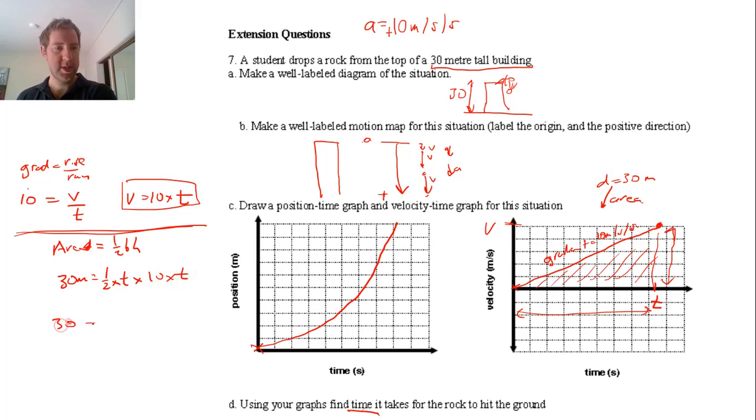So I've got 30 equals a half times 10 times t squared. 30 equals 5 times t squared. Divide both sides by 5. I get 6 equals t squared. And square root, I get t equals, I think, about 2.4 seconds.